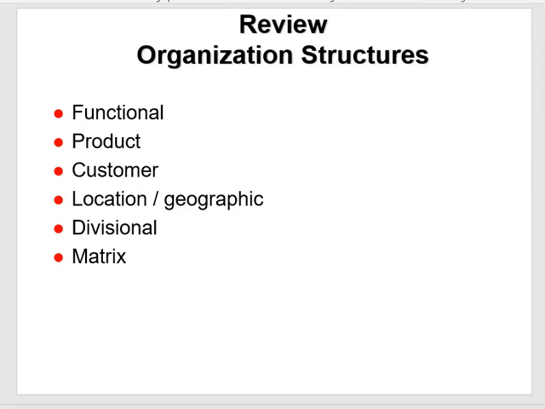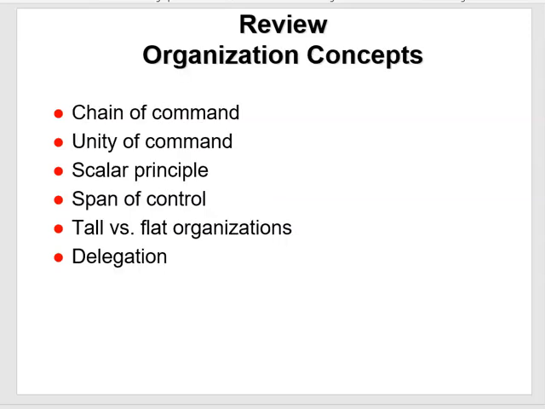All are related, but they each have their own separate business. And you'll recall that matrix is a combination of 2 different types of organization structures put together and being used at the same time. Results in an individual contributor having potentially more than one manager.